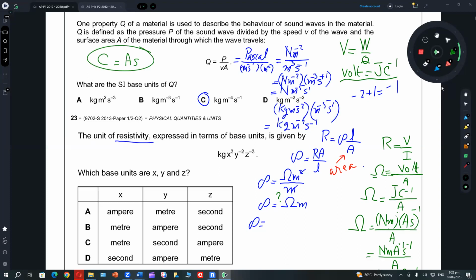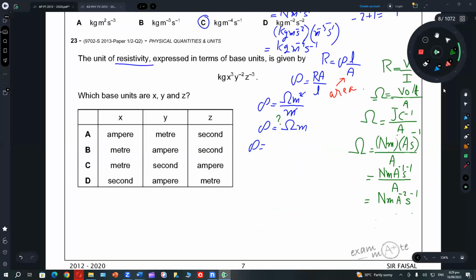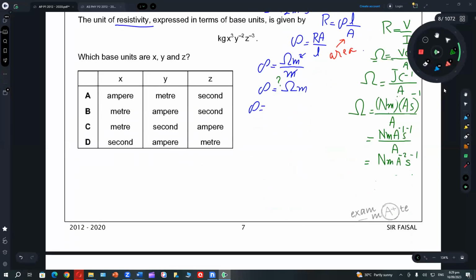Just memorize it. Coulomb is ampere into second. So Newton is kg m s minus 2 into meter ampere square s minus 1.